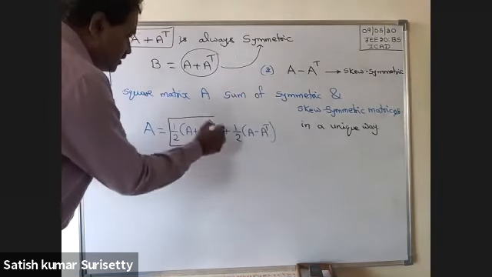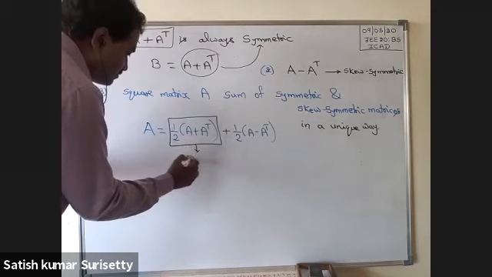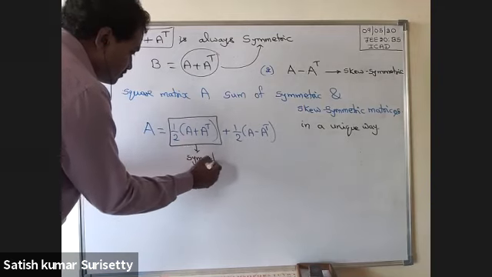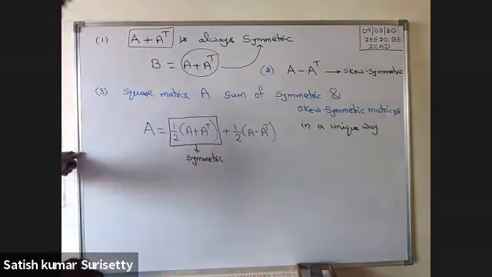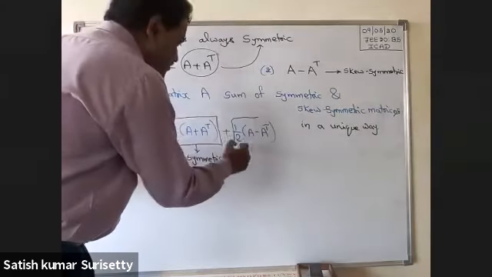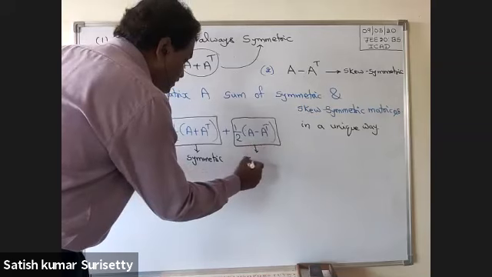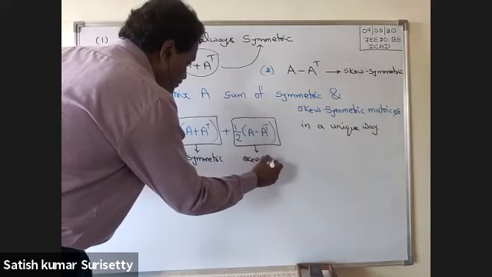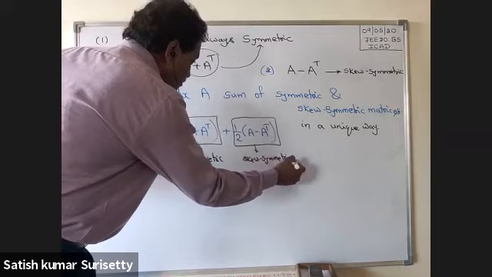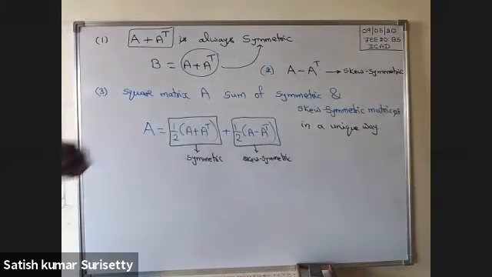So this will be what? Symmetric. That is A plus A transpose upon 2. And A minus A transpose upon 2 is skew symmetric.